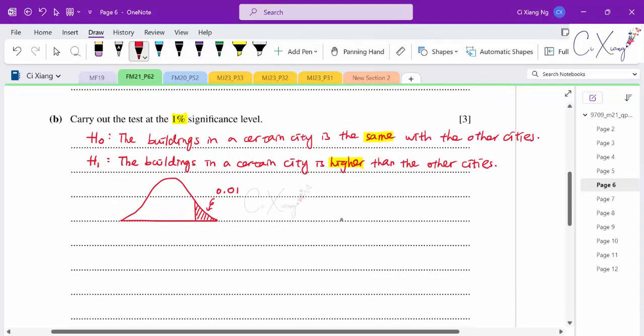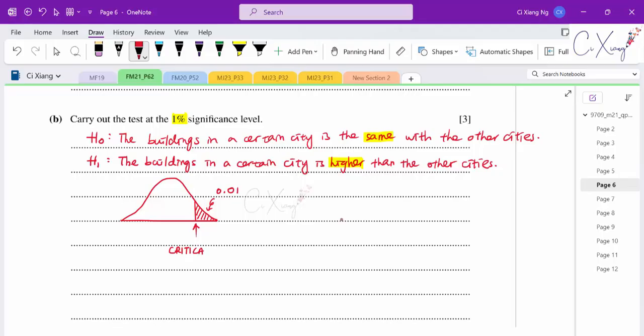And now I want to know what my critical value is. I want to know the limit of the critical value that separates the rejection region and the acceptance region. To find the critical value, you need to find it from the table. To find the value from the table, you need to know the area below, or on the left hand side of, this value.